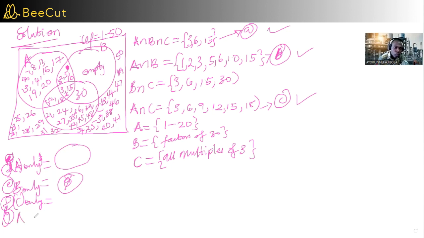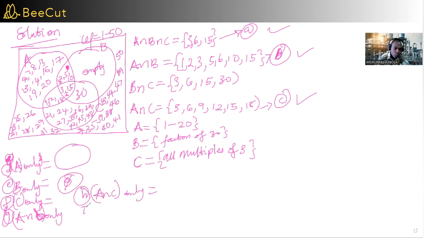So the next one is A intersection C only, which is option H. In A intersection C, I have A, I have C. Just going to remove this region and put the remaining 9, 12, and 18.